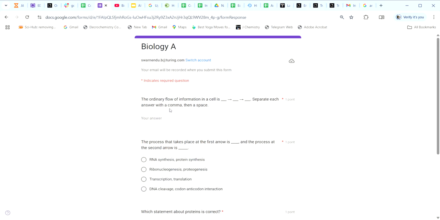The ordinary flow of information in a cell, separate each answer with a comma then space. Flow of information in a cell. I think tRNA.